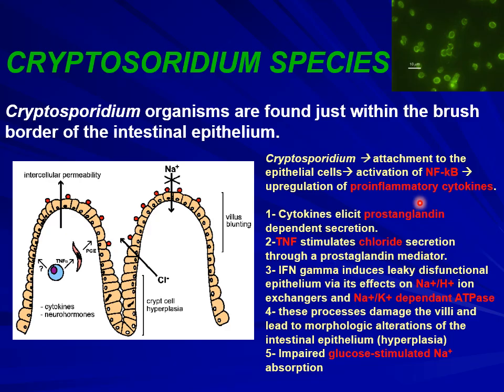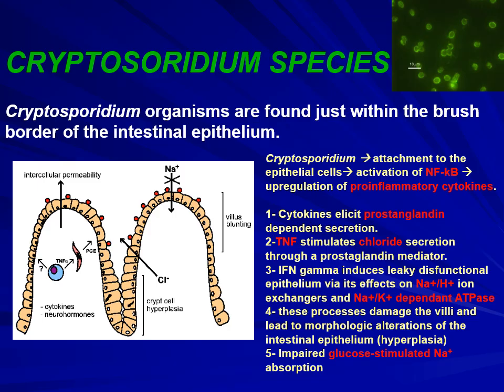These cytokines will elicit prostaglandin-dependent secretion. TNF will stimulate chloride secretion through a prostaglandin mediator, and this is what we can see here, with TNF-alpha secretion stimulating the prostaglandin production.